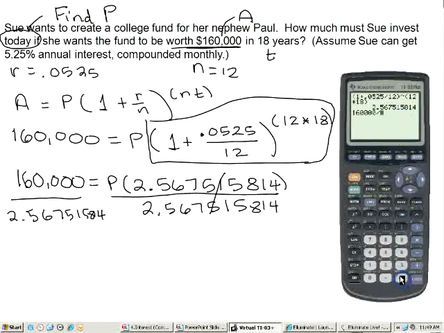Right above the negative key in yellow on my calculator is ANS. So if I push the second key and then the little negative key, I'll have ANS show up. So my calculator is going to take 160,000 and divide by that previous output.